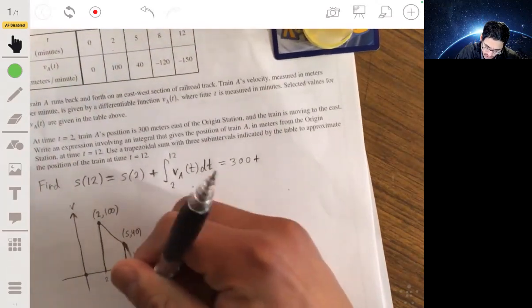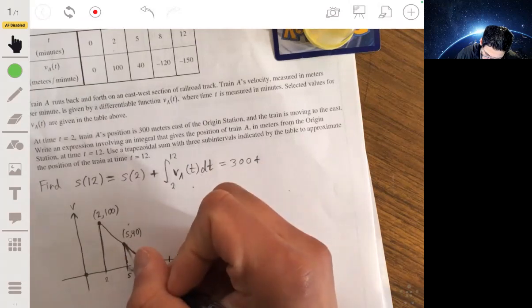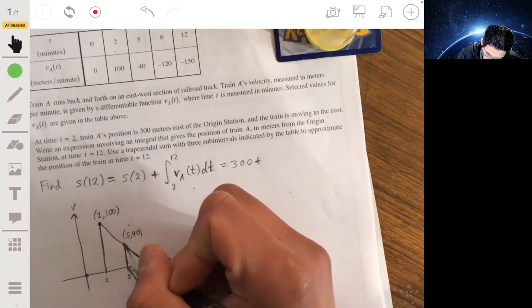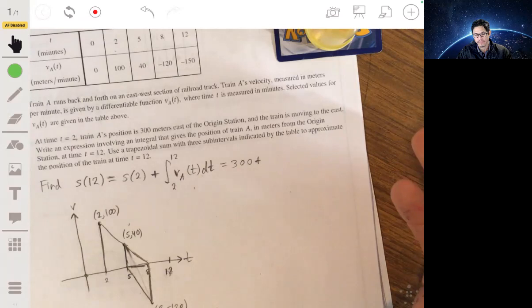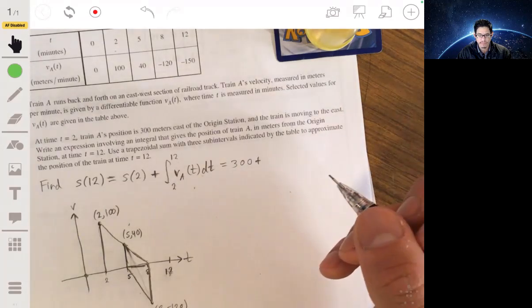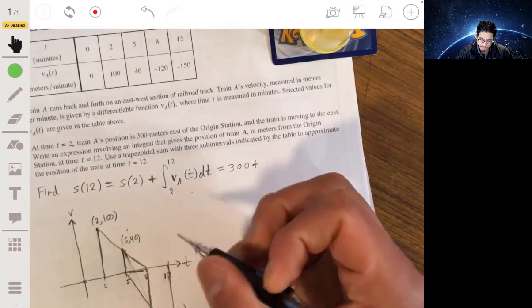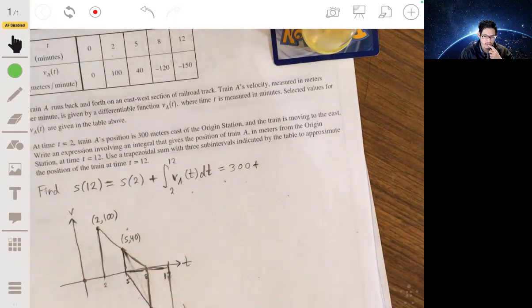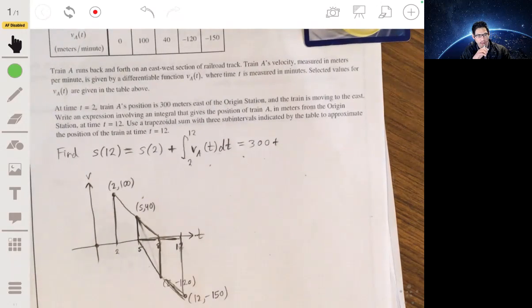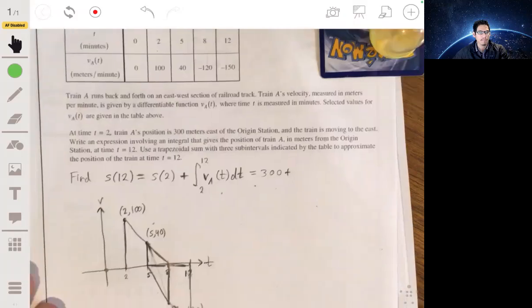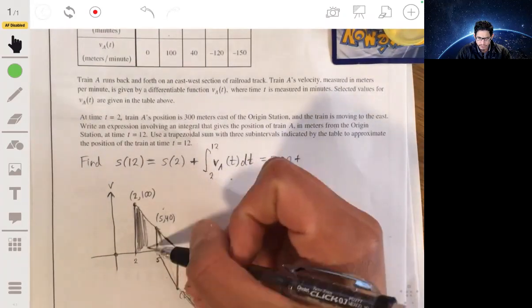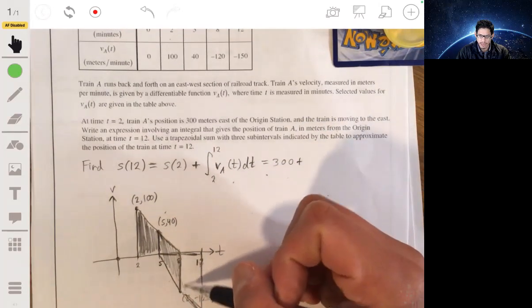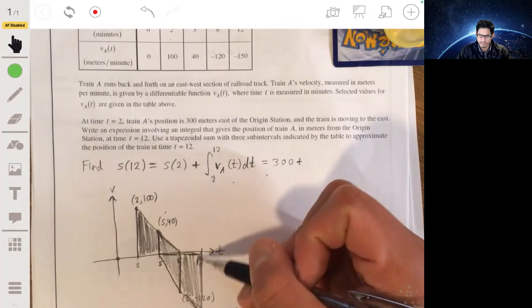This may seem a little weird or abstract because you have negative areas below the t-axis, but the principle is the same.